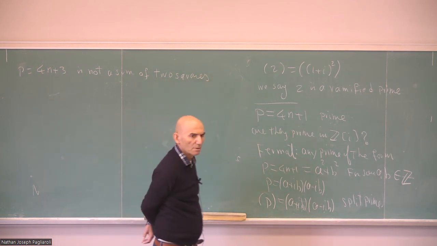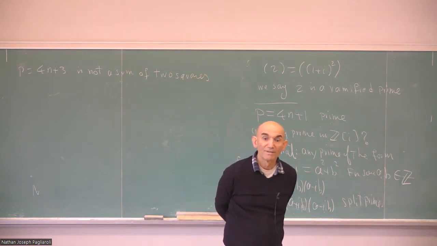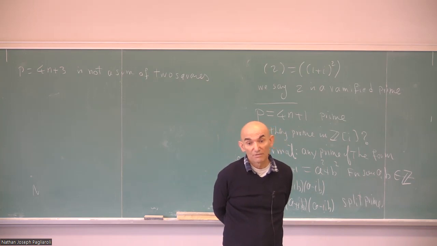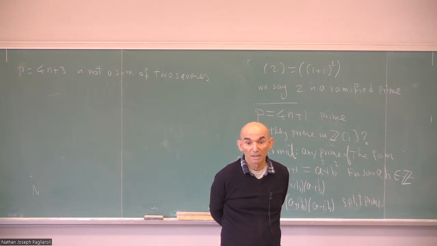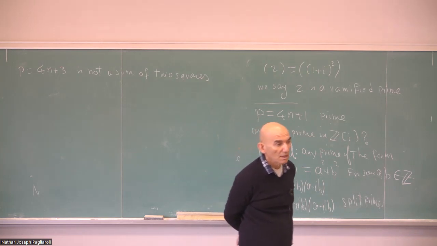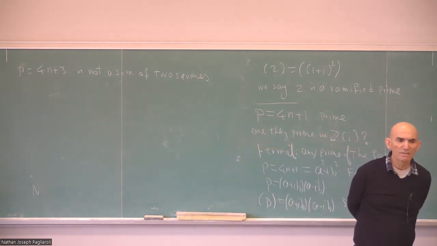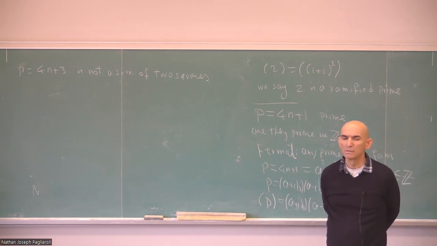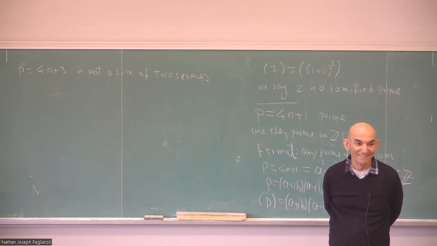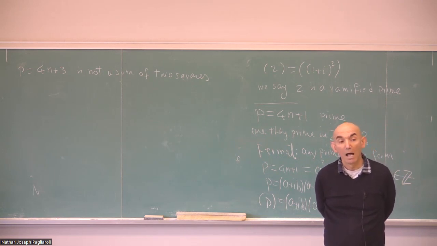At least 3 is not a sum of two squares. 7 is not a sum of two squares, and these sort of things. Is there a quick proof that this is not a sum of two squares? Check small cases.